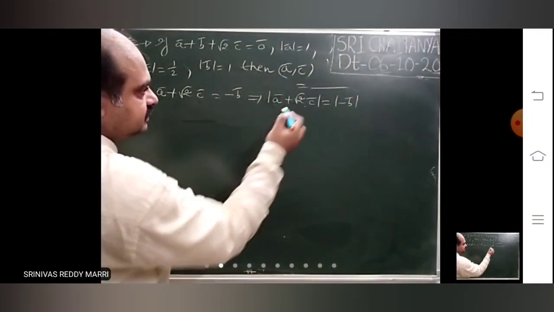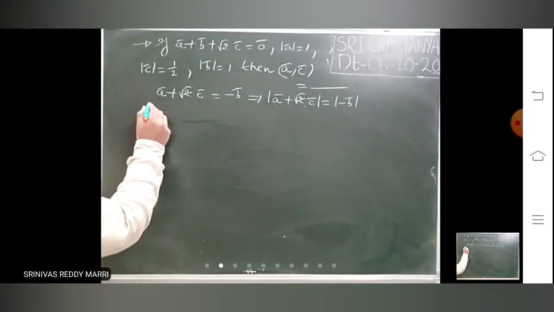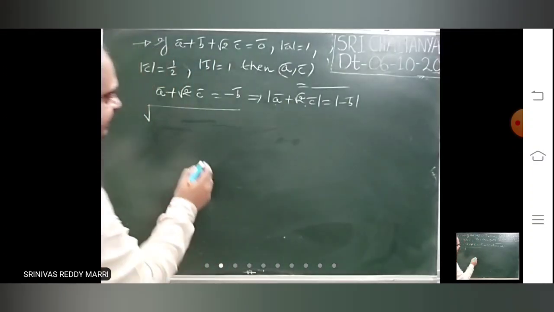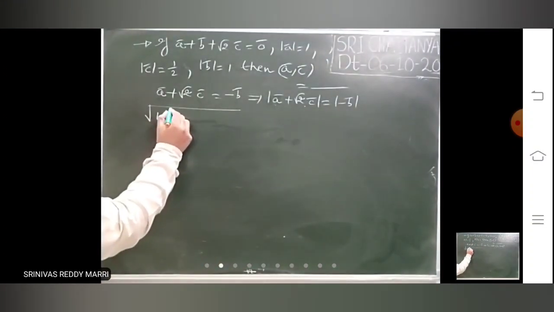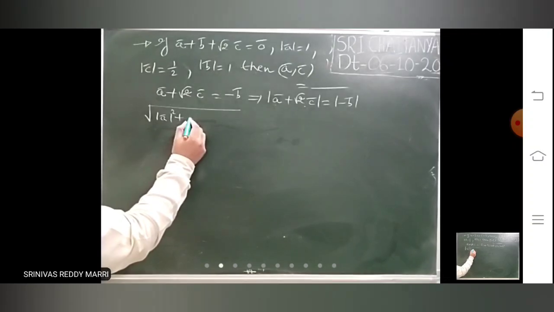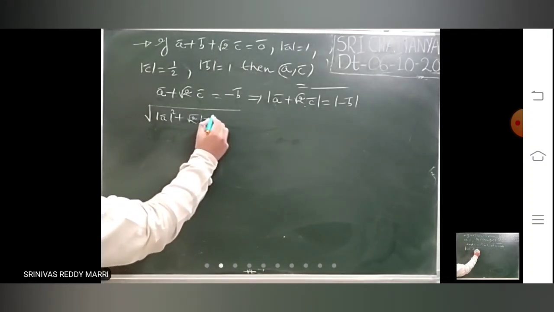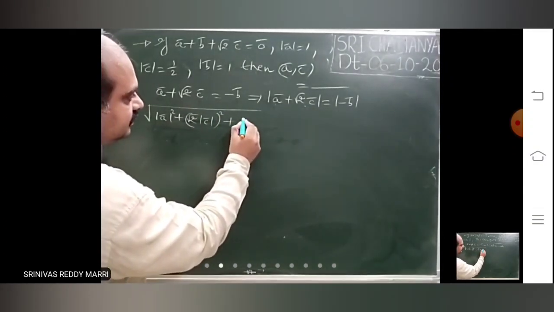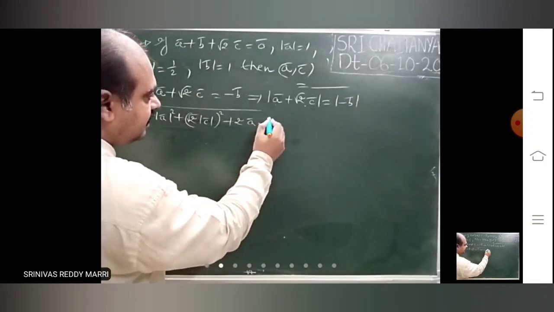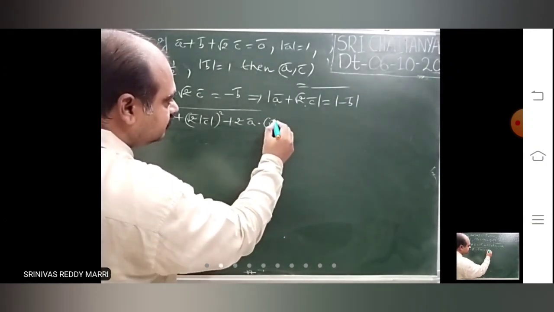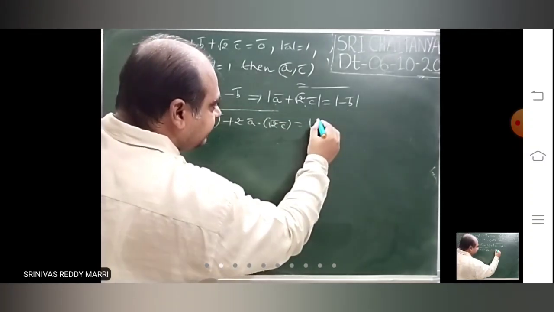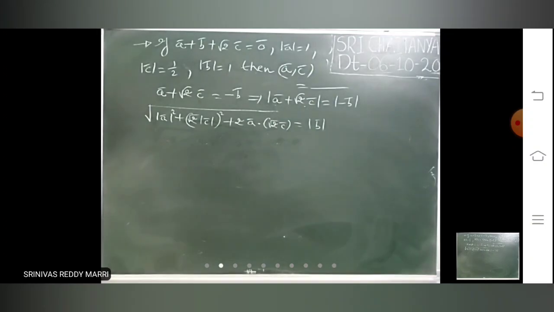So now look at it. Write the formula: root of this is A bar, B bar is root 2 C bar. That means modulus A bar square plus root 2 modulus C bar square plus 2 into A bar dot B bar. The modulus of minus B bar means modulus B bar.